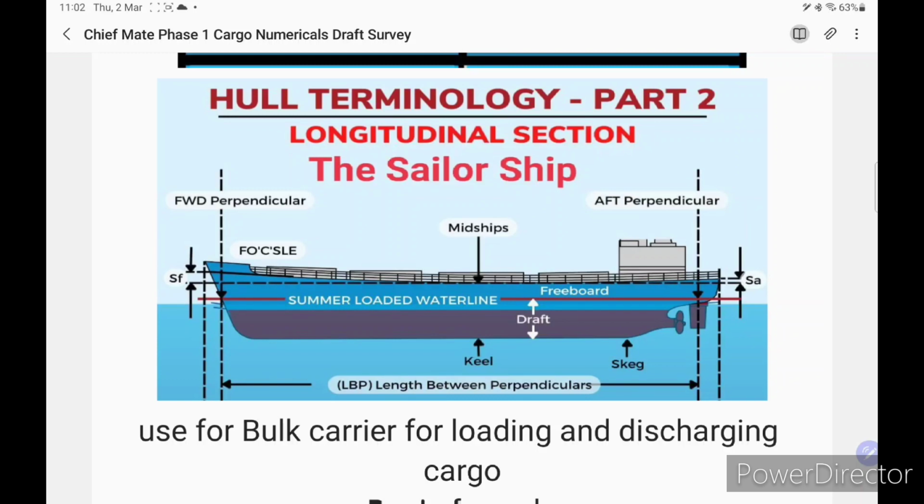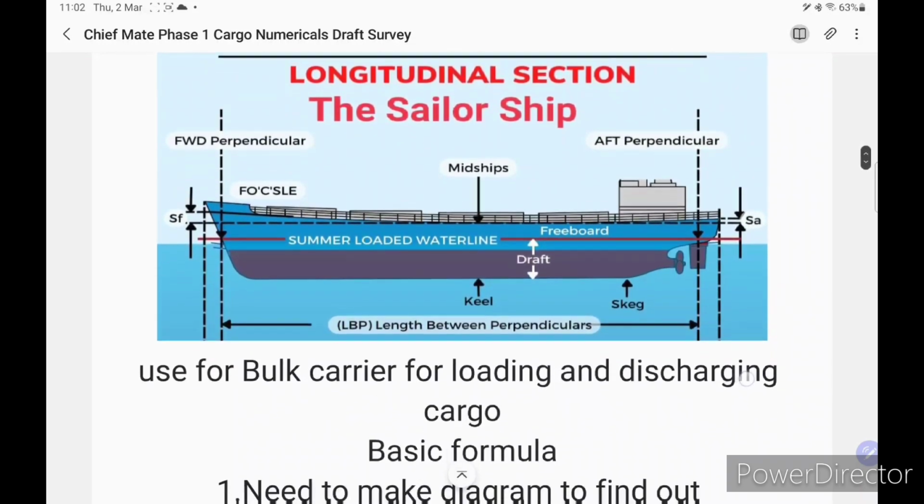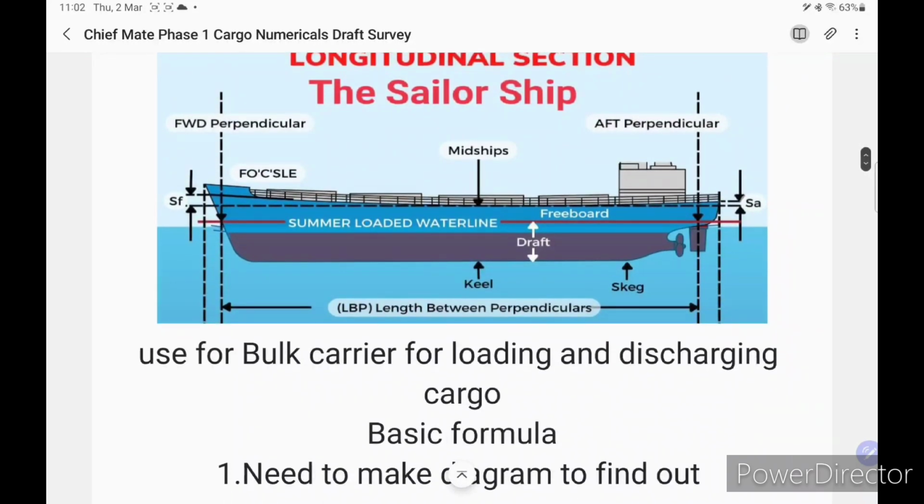Okay, so what is the use of draft survey? As you know, in tankers we have the ullage and the soundings, so we can figure out how much cargo we load or discharge. In containers we know how many containers are ashore and how many are on board.